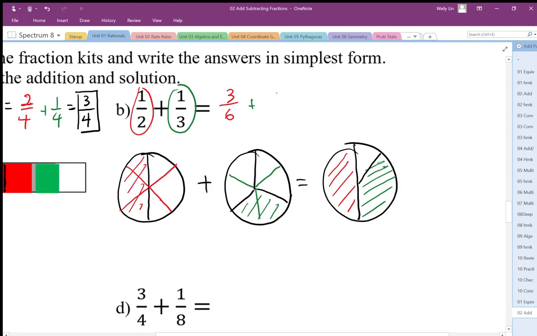Maybe I'm going to show the steps in here. So this becomes 1/2, and I did groups of 3, so times 3 times 3, plus my 1/3 fraction. I'm going to do groups of 2, so times 2 times 2.